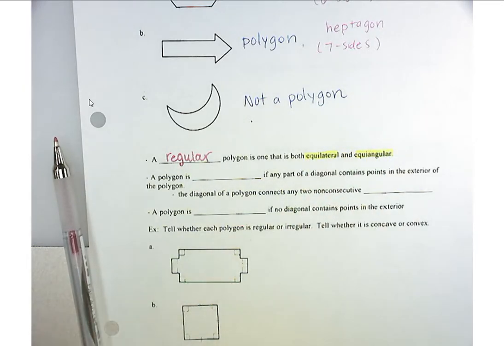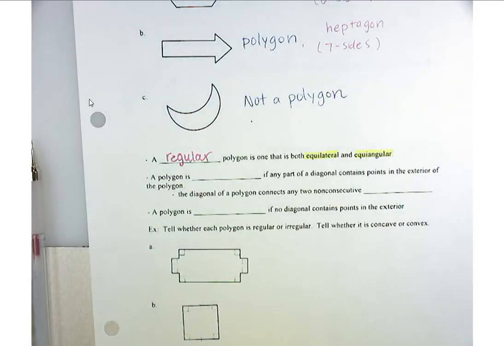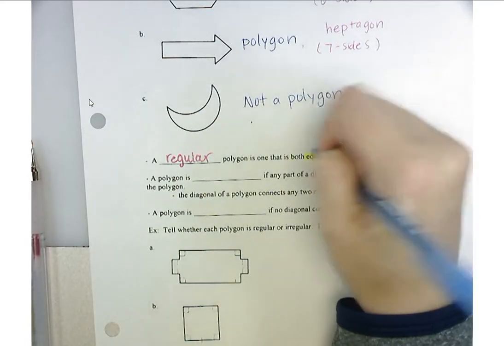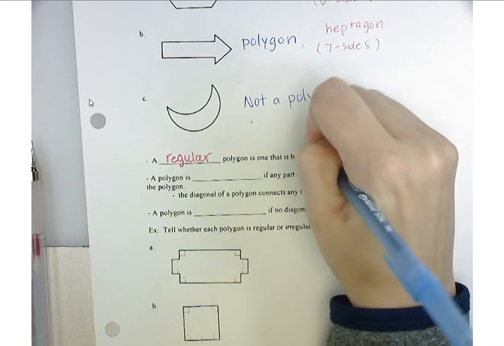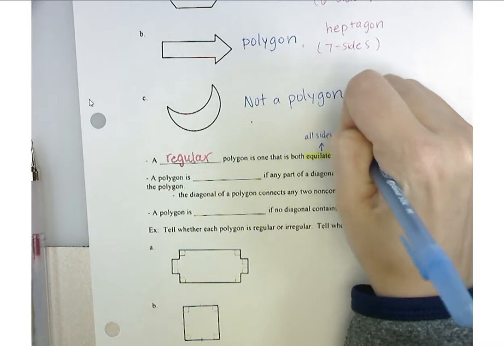Okay, so Ethan, if it's equilateral, what does that mean? Think of an equilateral triangle. If a triangle is equilateral, what do we know about it? The sides are equal, right? So if it's equilateral, that means all sides are equal, or congruent.